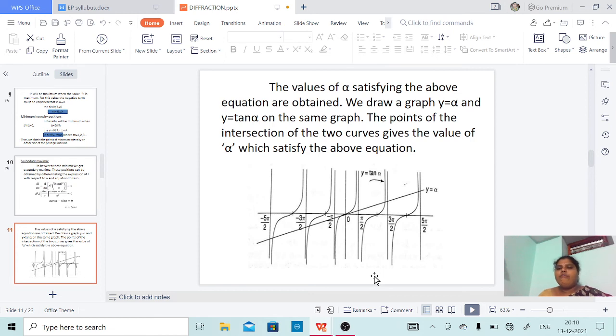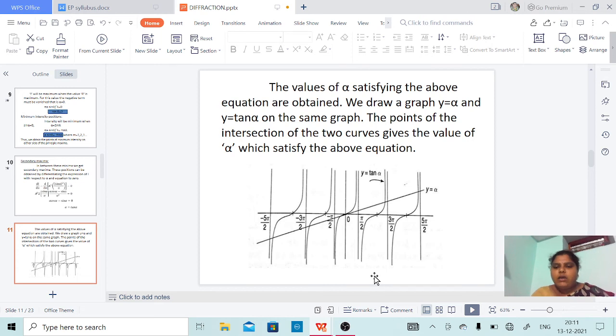We draw the graph of y equals alpha and the graph of y equals tan alpha on the same axes. The points of intersection of these two curves give the values of alpha which satisfy the above equation. See how the graph will be and where it will intersect.